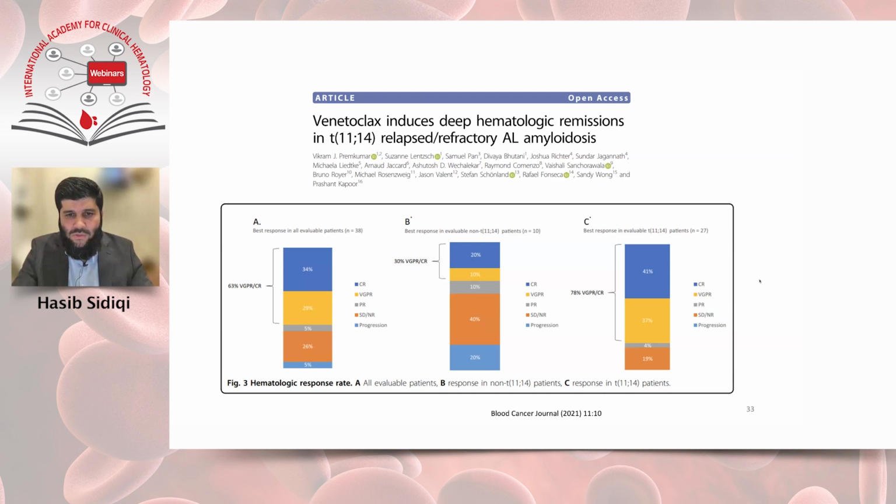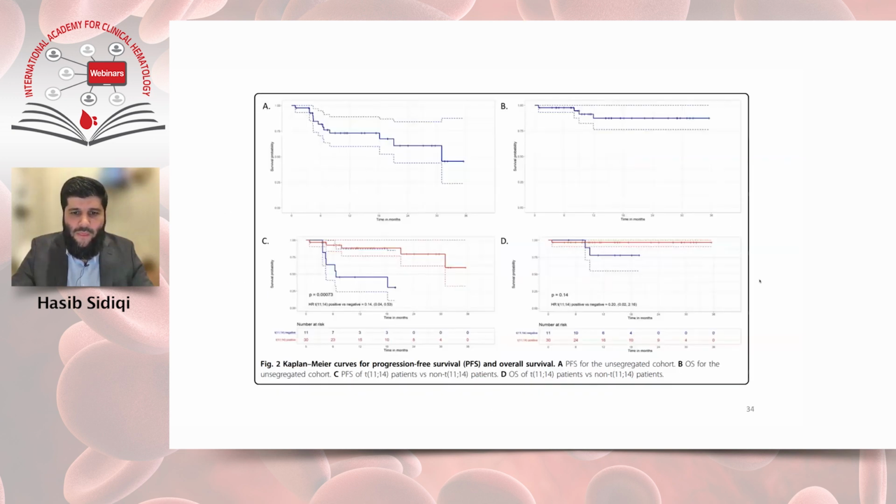But again, what you see here is that this is more effective in the translocation 11-14 population, with the CR and VGPR rate being 78% in those that harbor the translocation 11-14 and only 30% in those that do not. So I think this is an agent that should be reserved for those that harbor the translocation 11-14 mutation.